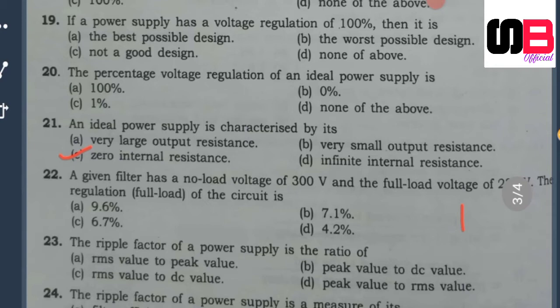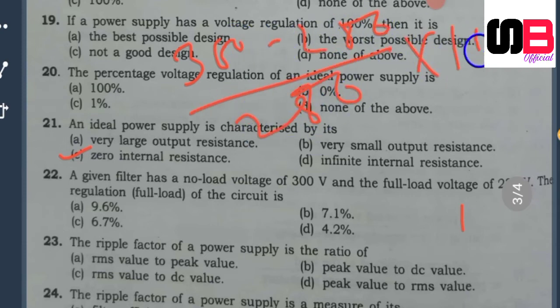What is the regulation of the circuit? Again the same sum. So 300 minus 280 by 280 into 100, and the answer is option B, 7.1%.